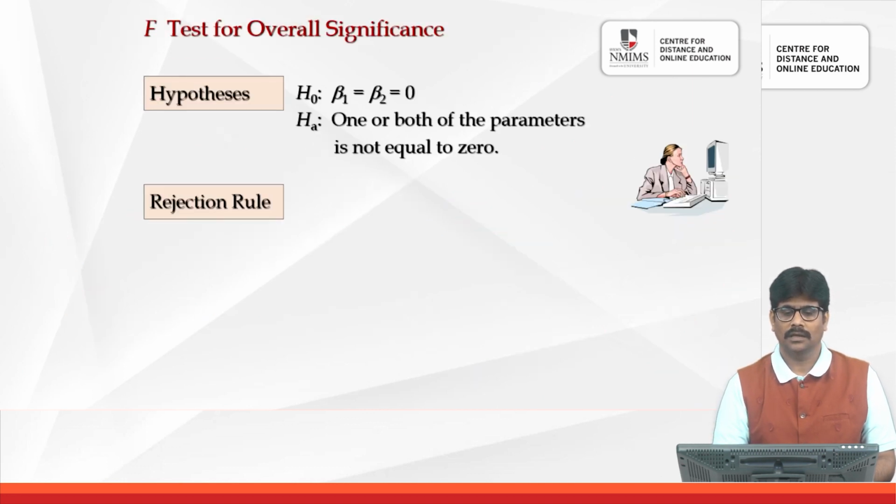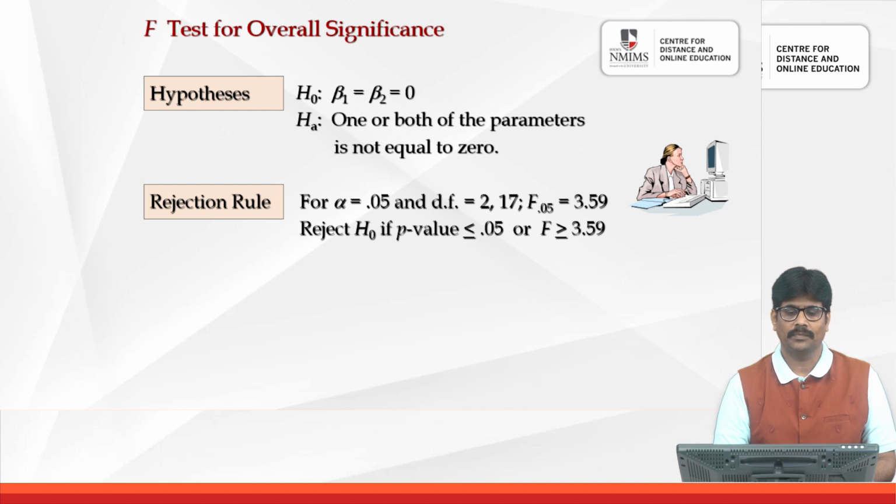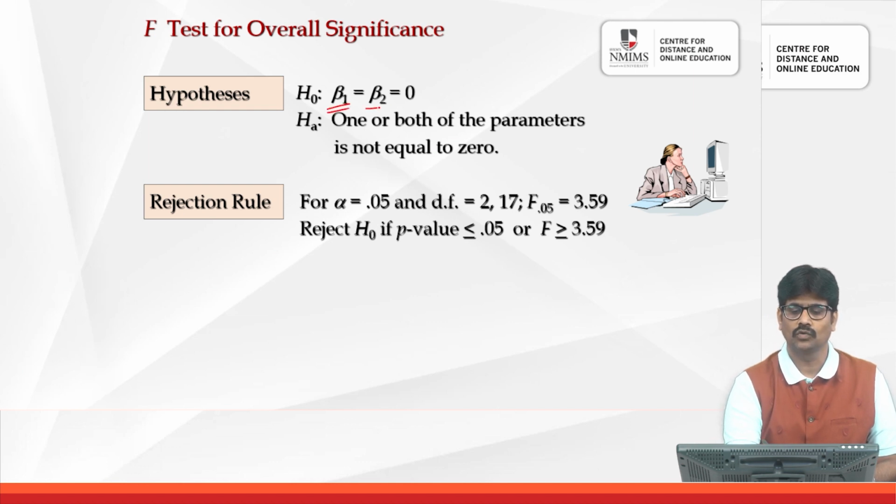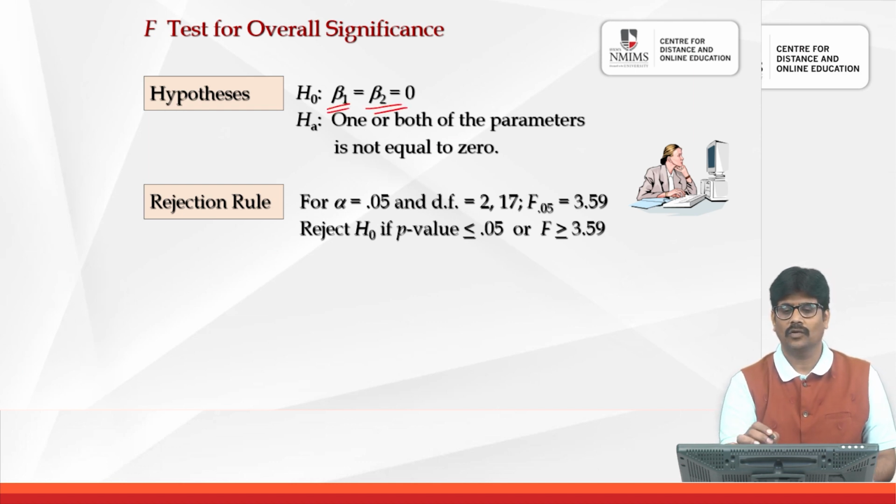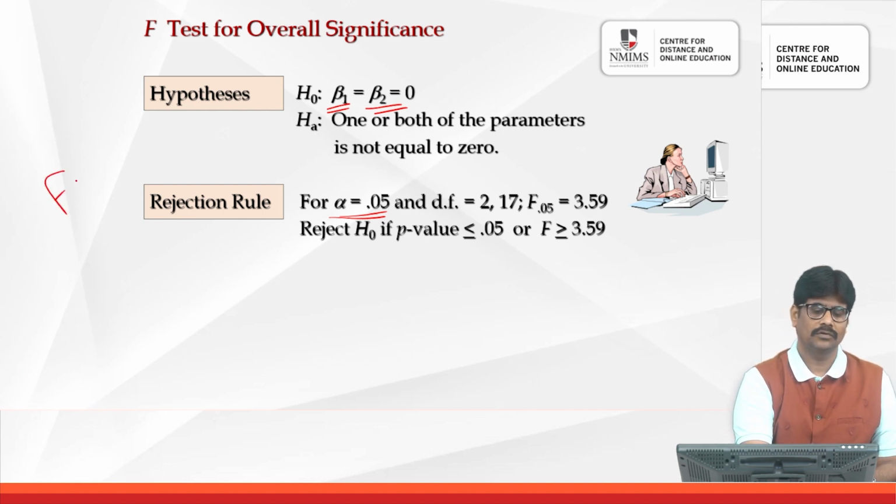Our example has two independent variables, and accordingly we have defined the null hypothesis as beta 1 equal to beta 2 equal to 0, against the alternative that at least one of the parameters is not equal to 0. For alpha equal to 0.05, the numerator degrees of freedom is 2. F is MSR by MSE.